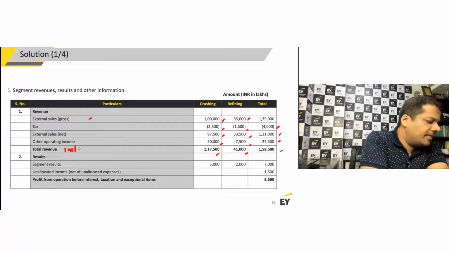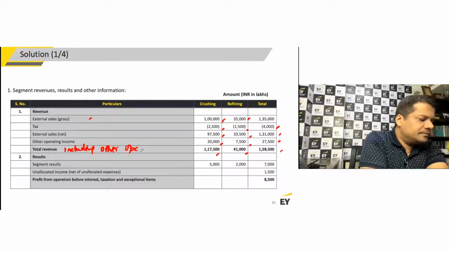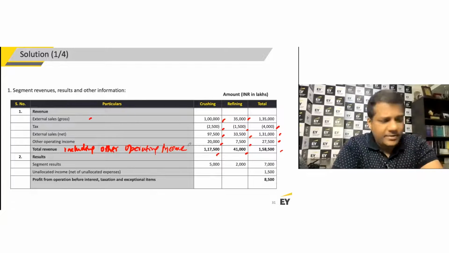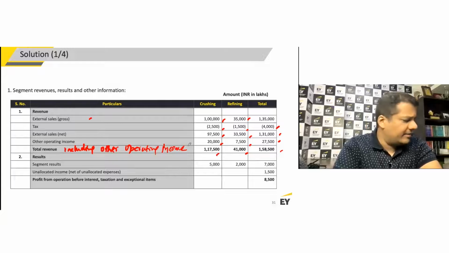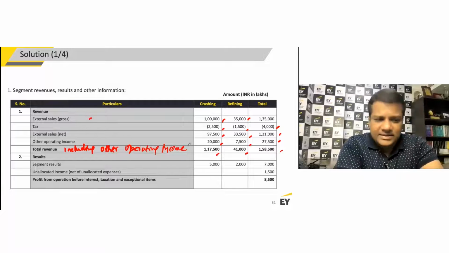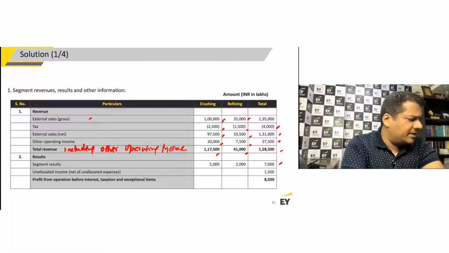This includes other operating income. Okay, 117,500, 41,000, total is 158,500. Then my segment results, which is 5,000 and 2,000, and unallocated income is 1,500.